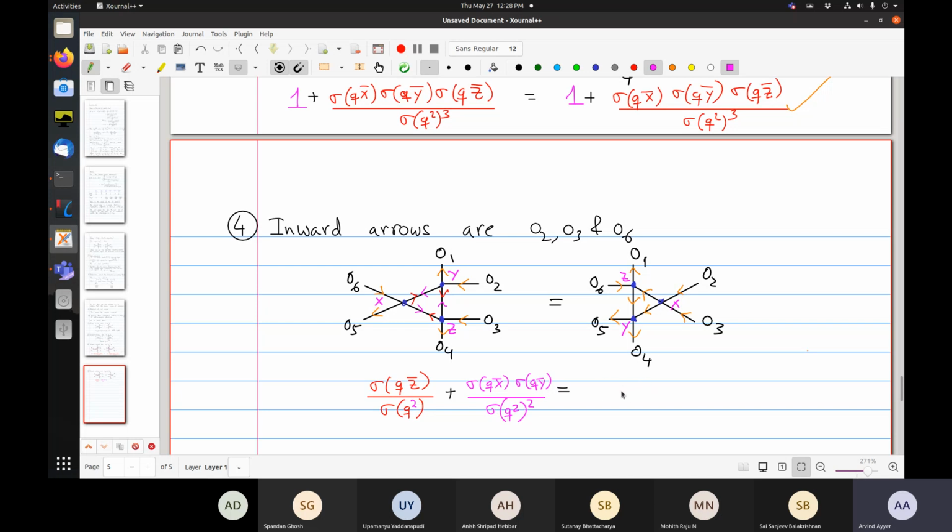On the right hand side I have the original color. So x is down and left, so that's sigma qx, and y is down and left, so that's sigma qy, and z has weight one, so I have sigma q squared whole squared, and this is a question mark.